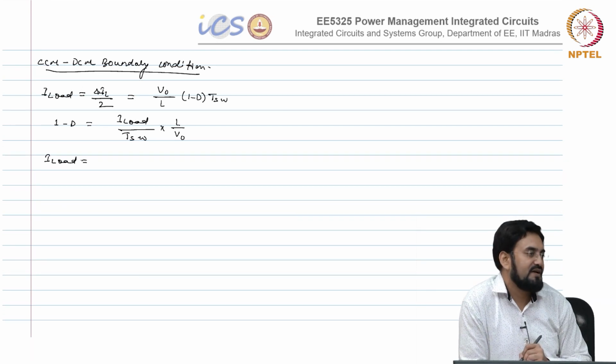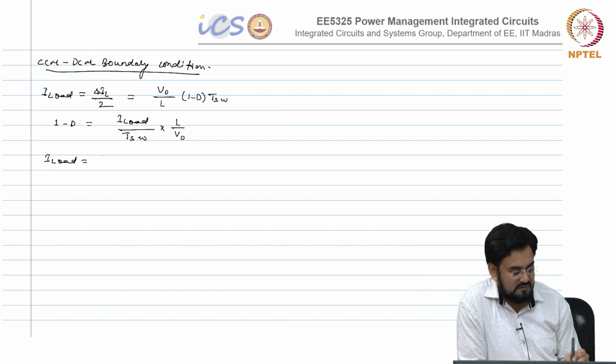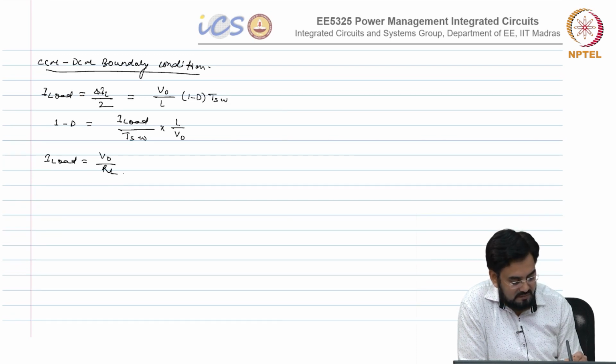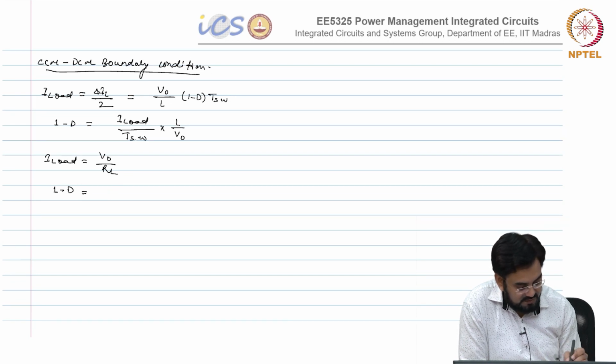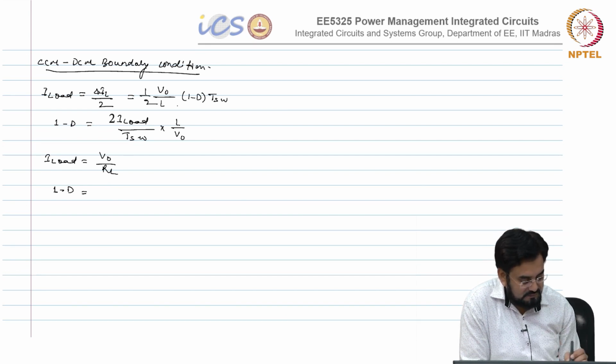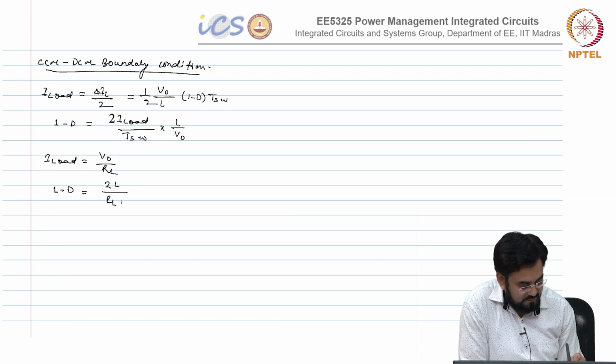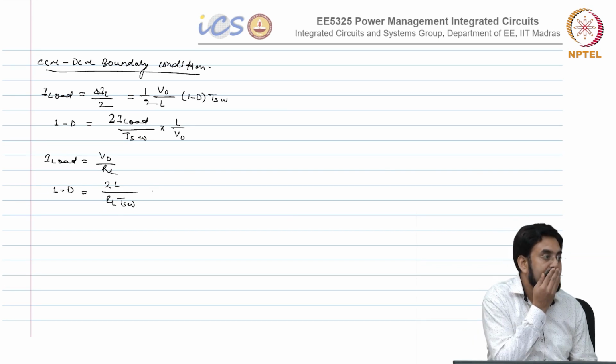In terms of R L, if I want to write, which means 1 minus D equal to, so V out will get cancelled out, so you will get, there was 2 factor also, yeah. Correct.